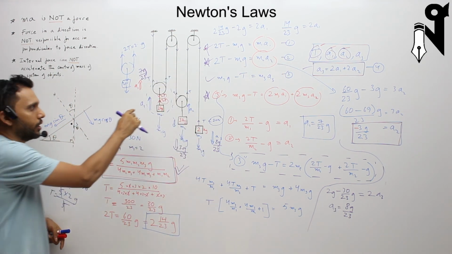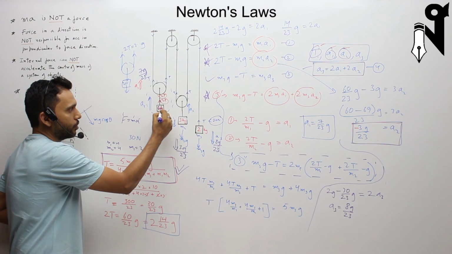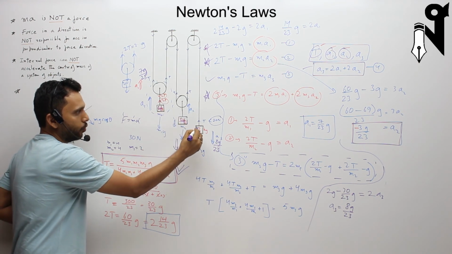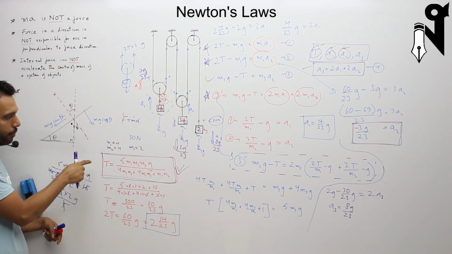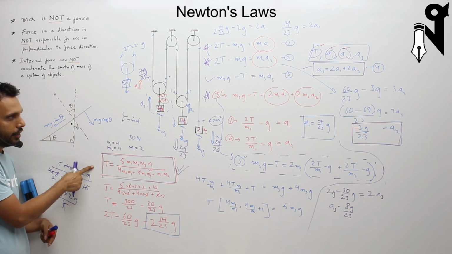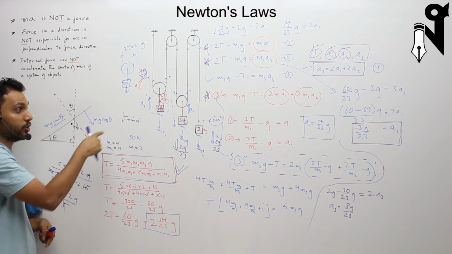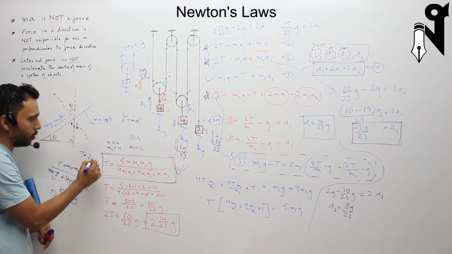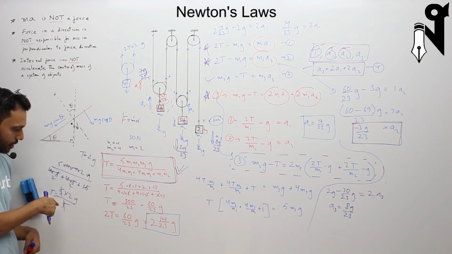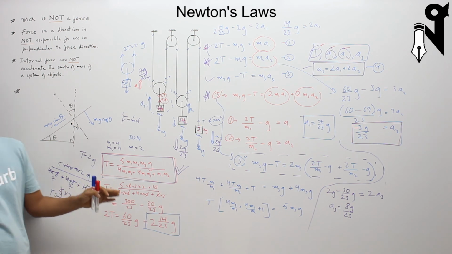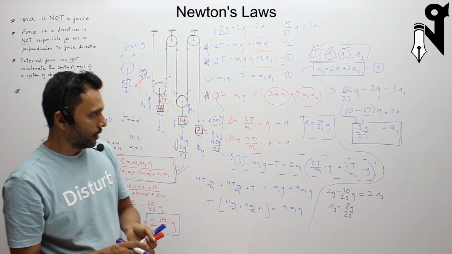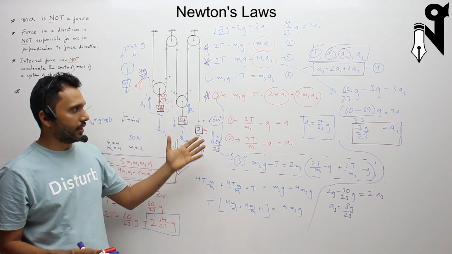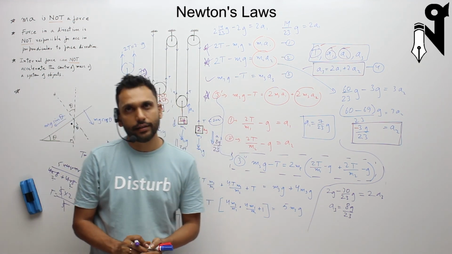But putting a logical value, 4 for this, and 2 for this, you are able to cross check this equation, and you have to analyze that t should come equal to 20 or 2g, and it is coming equal to 2g. It should give you a lot of satisfaction. So in several ways we have seen that what we have done is all right.